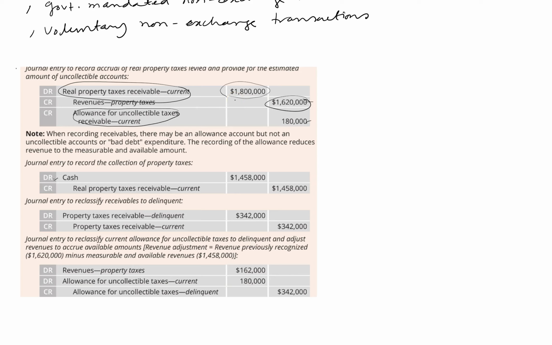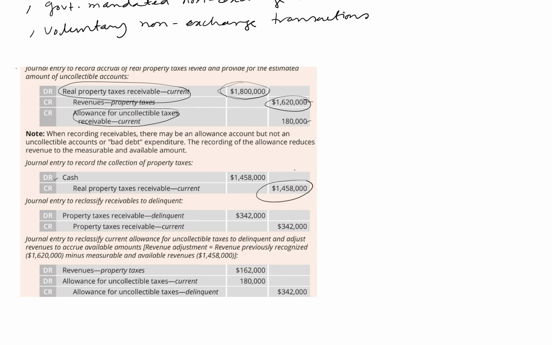Now they collected 1.458 million, so they will reduce or credit receivables. Now remember, there is a difference between their total estimated tax receivables and the amount they actually collected. This difference is known as the delinquent amount.